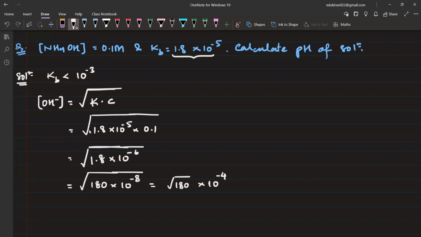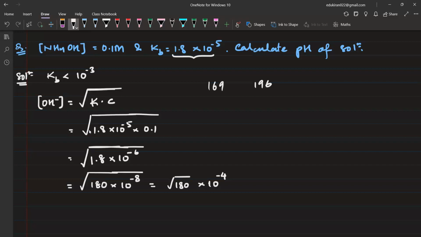Yes, sir. Now tell me, is there any root which is nearby 180? 12 squared is how much? 12 is 144. 13 is 169. 14 is 196.